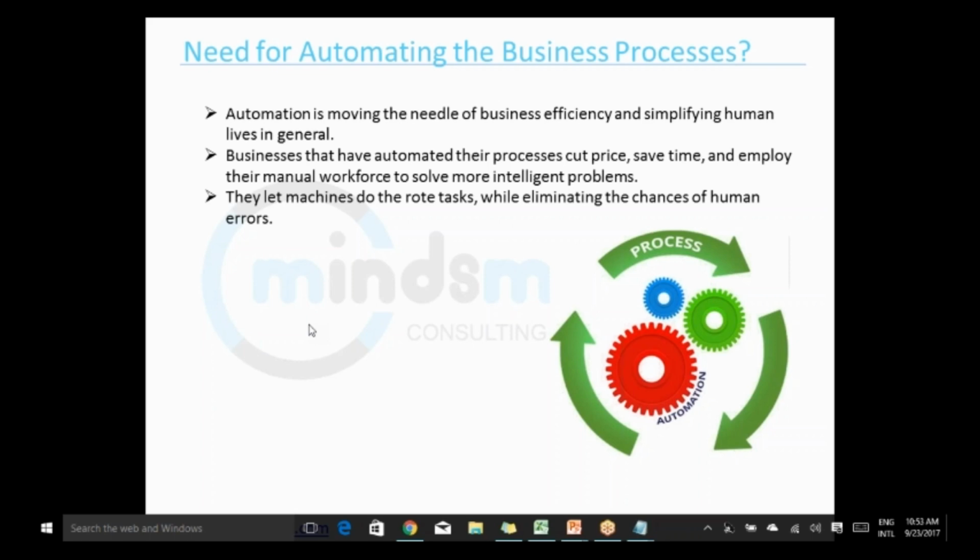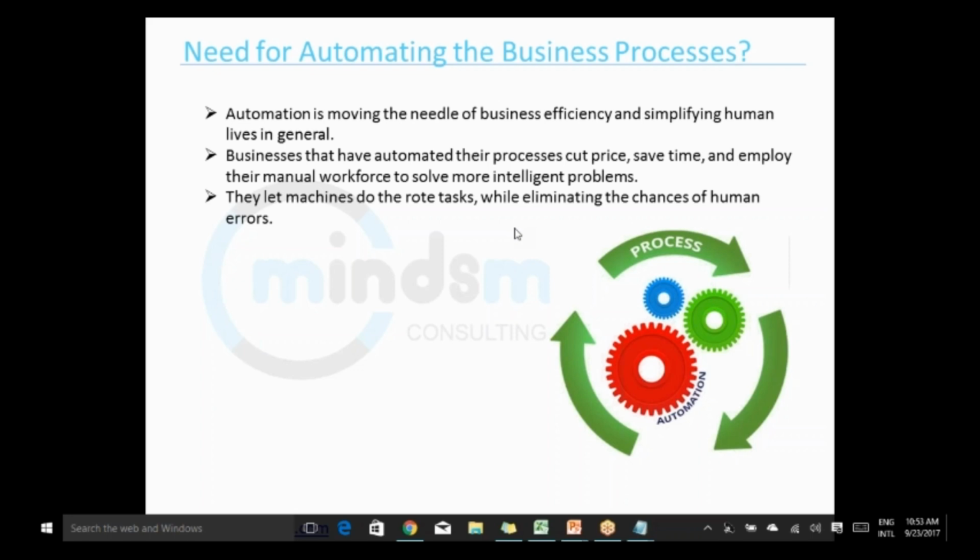So whenever you are doing a process analysis, we have to see the processes as a whole picture cumulatively. There would be certain processes wherein human intervention is needed, and certain processes which would be very time consuming.